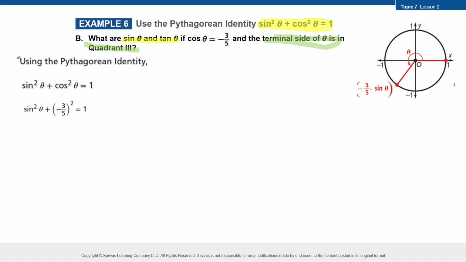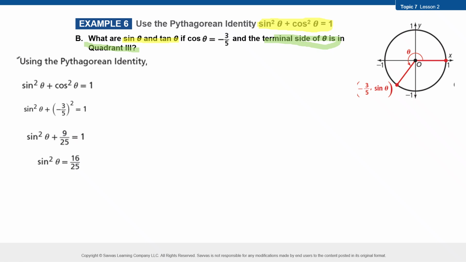When you square the negative 3/5, it's going to be 9/25. When you subtract it from 1, so 1 minus 9/25, you get 16/25.